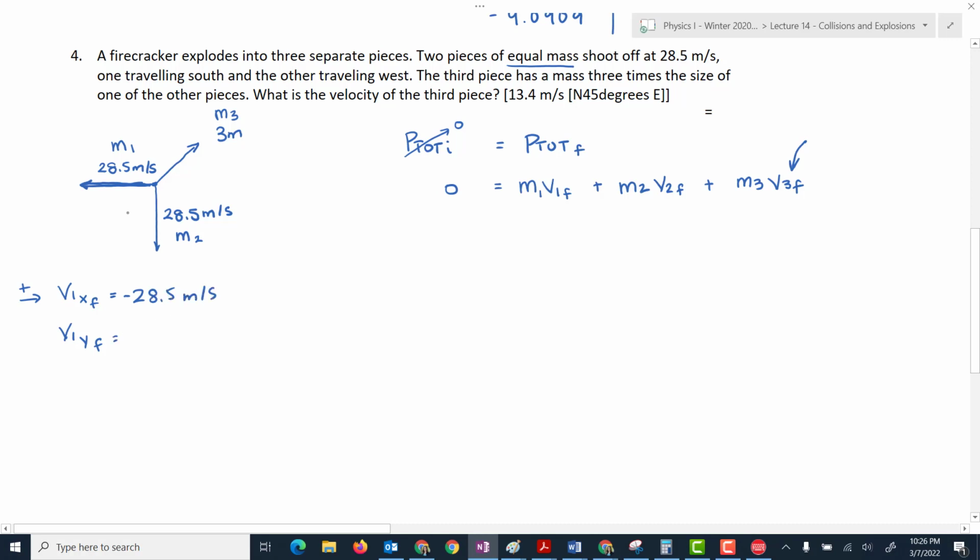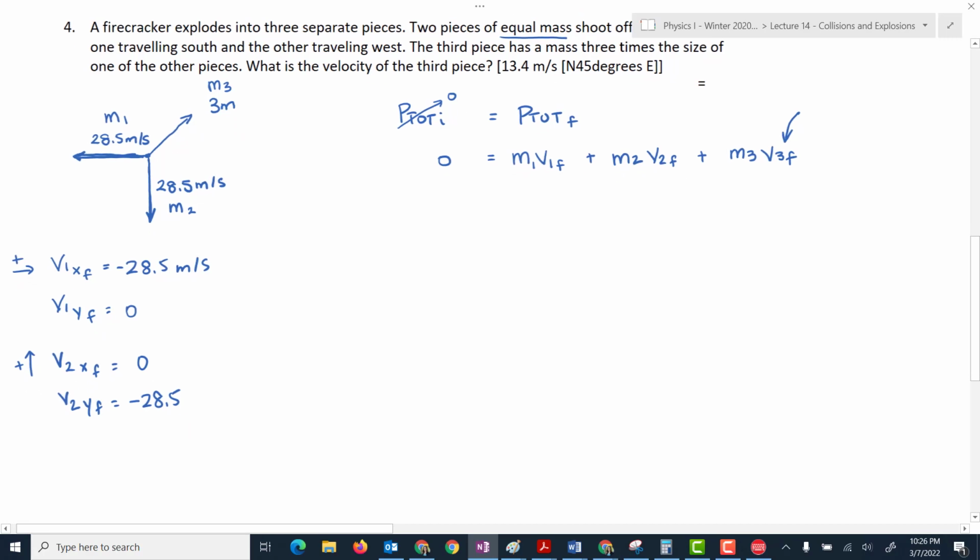And the Y component, since it's only traveling to the left, it doesn't have a Y component, it would just be 0. And if we were to look at V2, so this vector going downwards, V2x and V2y, again, if we say up is positive, well, this vector is going straight down. So the X component would be 0, and the Y component would be negative 28.5.